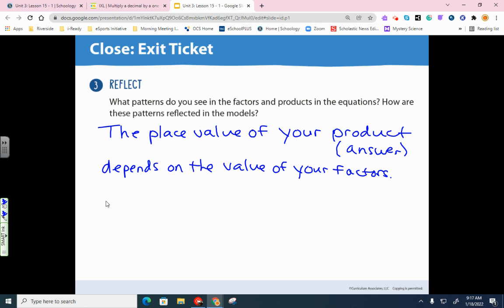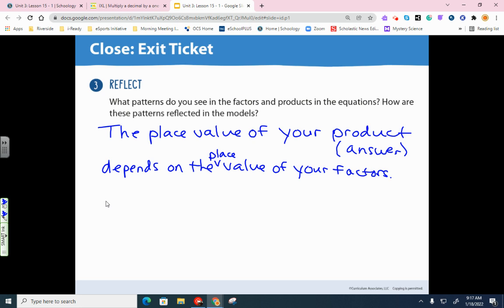That'll make a lot more sense moving on to later lessons. So if you have 2 whole numbers, your answer is going to just be a whole number. If one of your factors is multiplying by a tenth, your answer will be in a tenth. If one of your factors is a hundredth, your answer will be in the hundredth, like above in the example with the pictures. And we'll get into it more when both numbers are decimals and how that affects your answers.